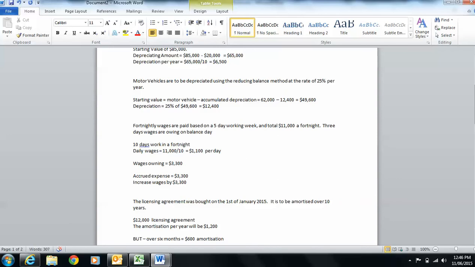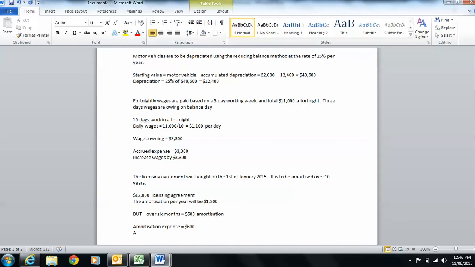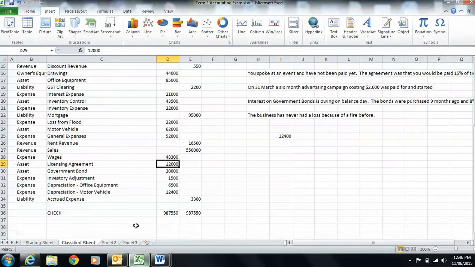Amortisation is very much the same as depreciation. So we're going to have two different accounts. We're going to have an amortisation expense, which is going to have the $600 for the year in it, plus accumulated amortisation, which is going to be a negative asset account, and it's going to be worth $600, just like the accumulated depreciation.